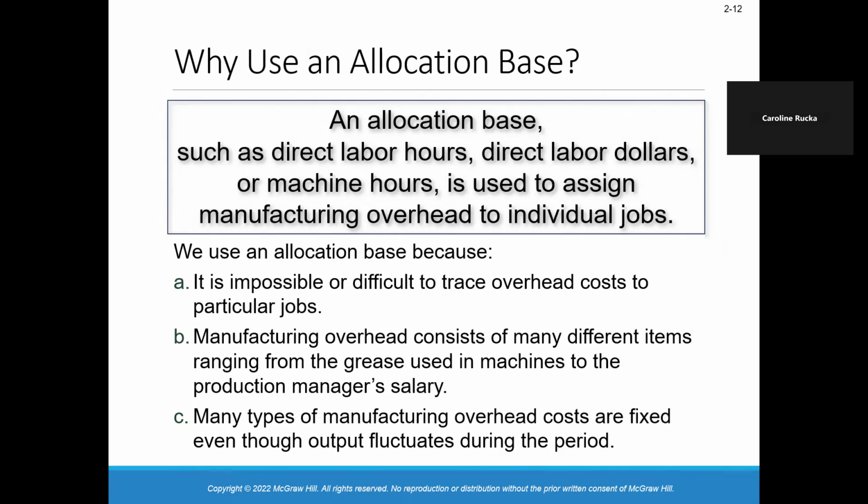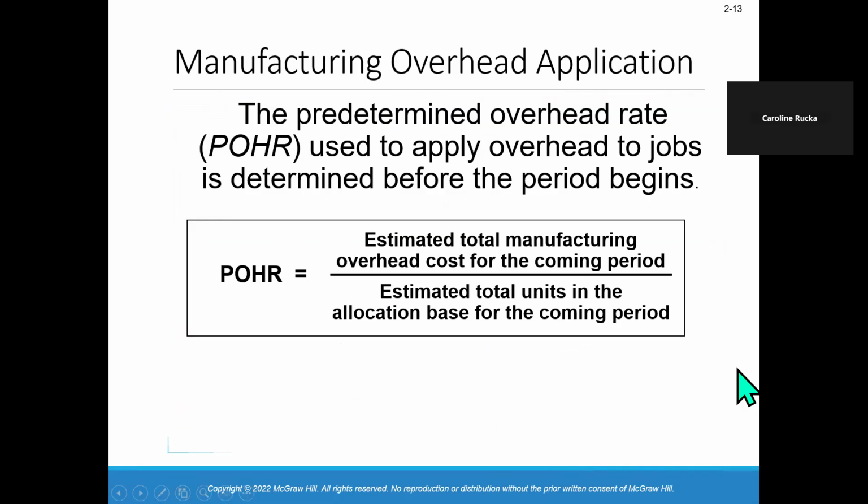You want to use an allocation base because it's difficult to tell which job this belongs to, okay? There can be a whole bunch of things lumped together in this manufacturing overhead, and we have to decide how we're going to spread it out over our allocation base.